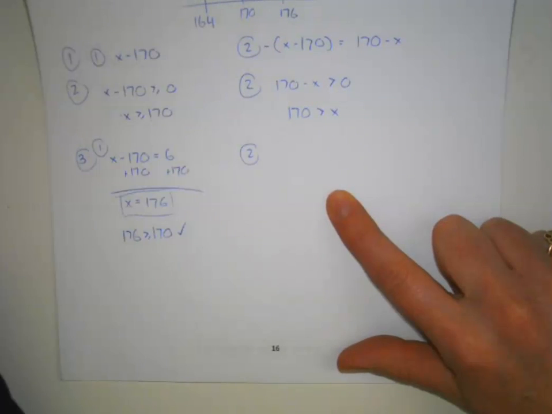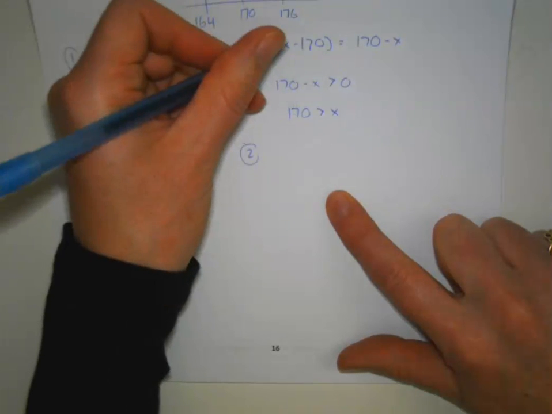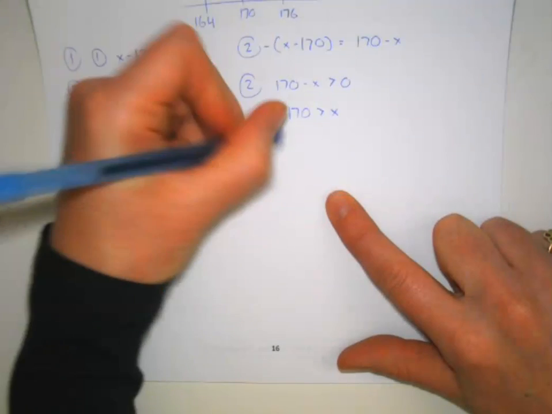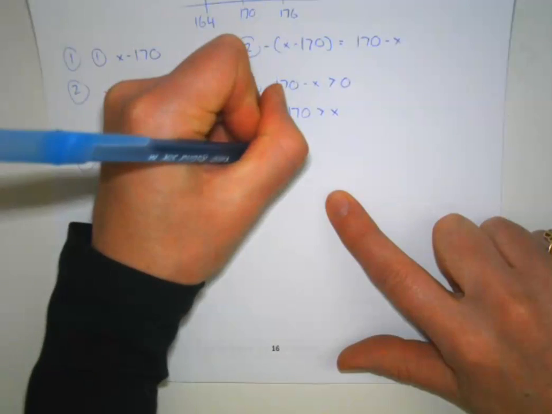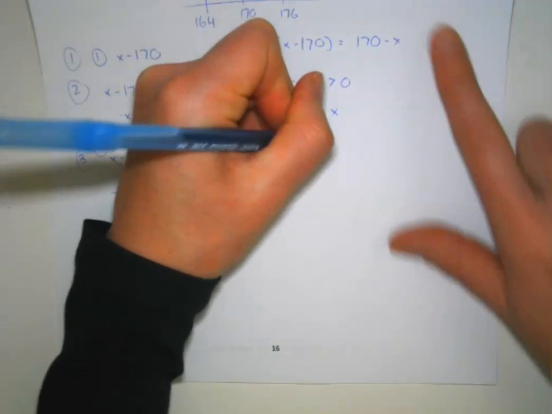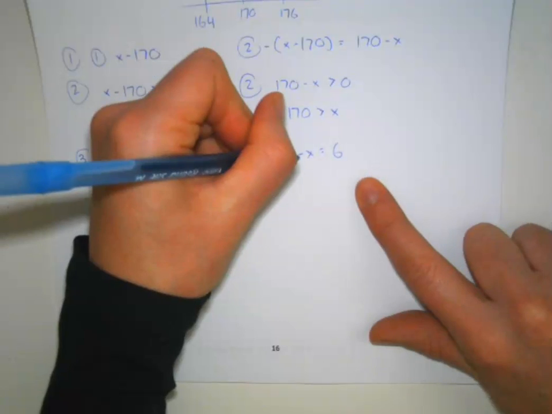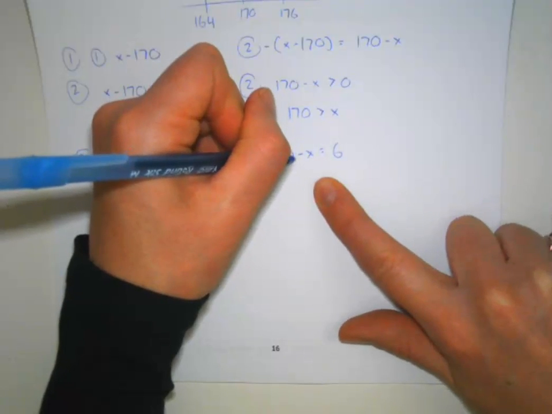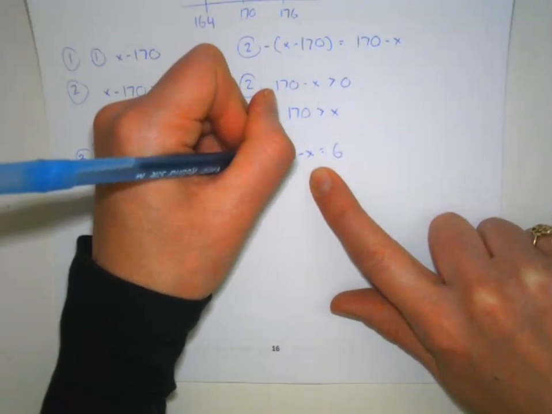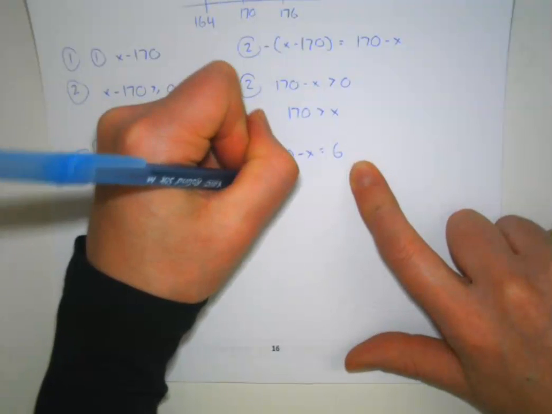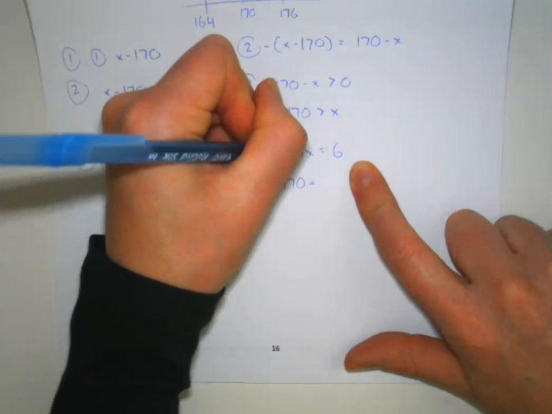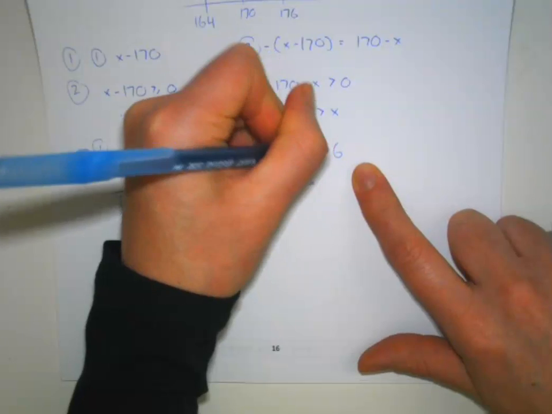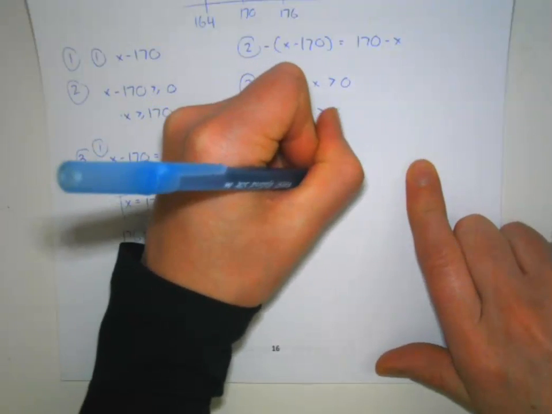For case number 2, we have 170 minus x, so let's use the one that we already did there. 170 minus x has to be equal to 6. If we want to rearrange, again, I don't like to end up with the negative, so I'm going to add it to that side. So it's going to be 170 is equal to negative x plus x is 0, 6 plus x.